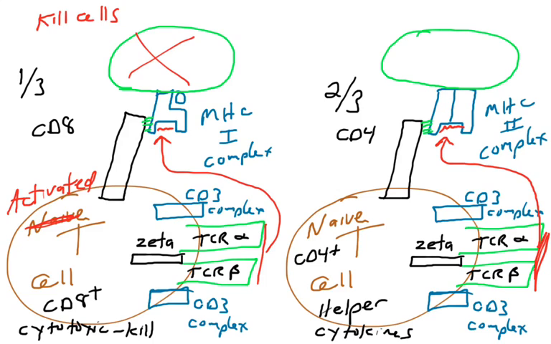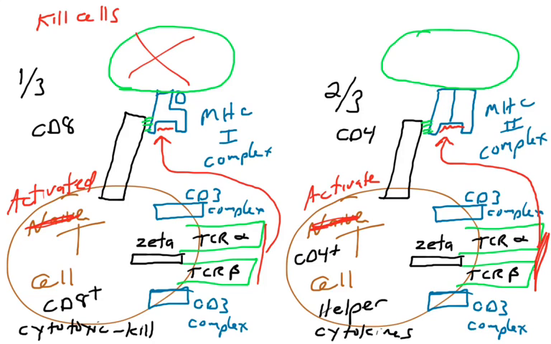If it finds it, if that T cell receptor has an antigen binding site that binds that peptide very strongly, that T cell receptor knows that that peptide is a foreign peptide. It's a non-self peptide. So that T cell, which is naive before, will become activated.